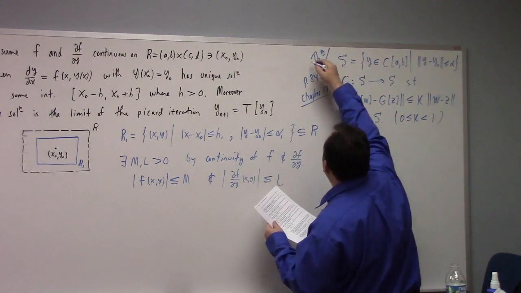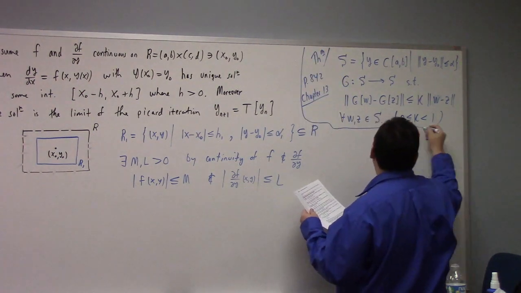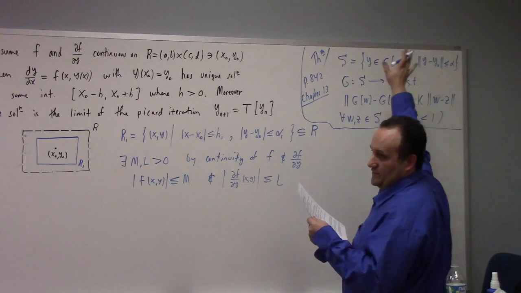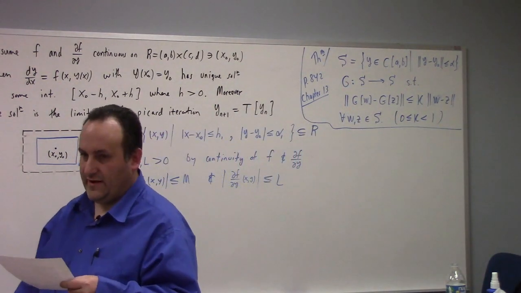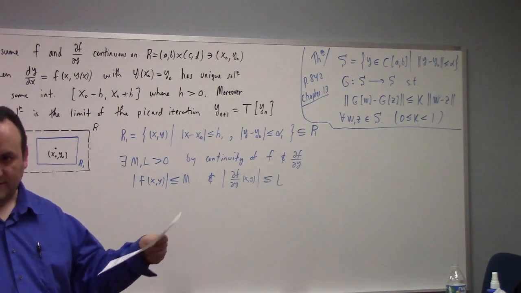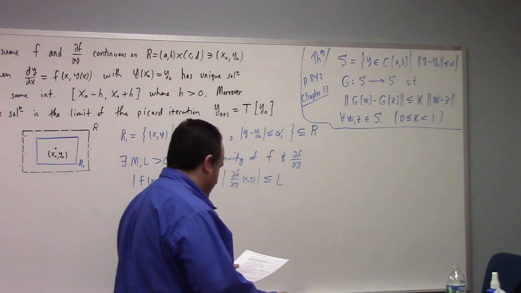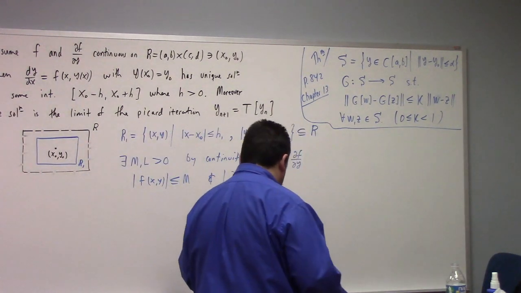Well, then this is all the preamble. These are the assumptions. Assume that there exists this S. Assume that there exists this operator G, which is a contraction. These are all the presuppositions of the theorem. What does it get you?